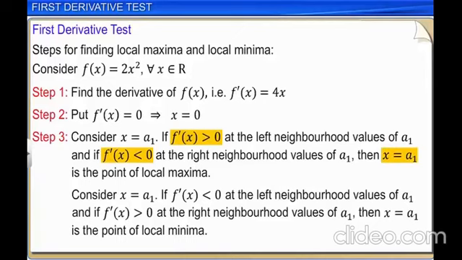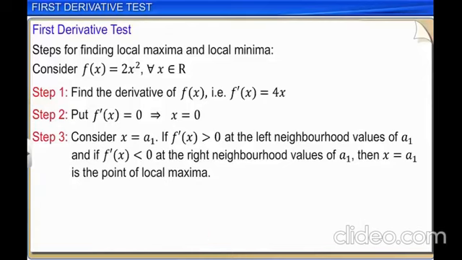Similarly, if the derivative of f is negative at the left neighborhood values of a1, and if the derivative of f is positive at the right neighborhood values of a1, then x equals a1 is the point of local minima. Let's now get back to the problem.